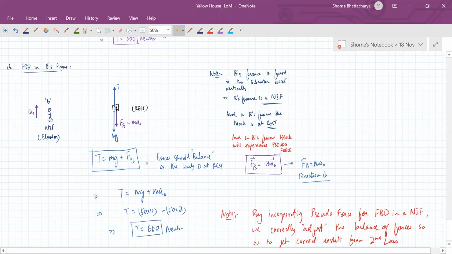So when we apply Newton's second law with the correct adjustment in the non-inertial frame, it should give the same result that we have got in the inertial frame, because the inertial frame is the absolute frame. So it should not happen that in the non-inertial frame we are getting some different value of tension compared to what we are getting in the inertial frame. Then our analysis would be wrong. Because obviously Newton's second law, whatever it's giving in the inertial frame, is the correct value of tension. So to get the same correct value of tension in the second case, we have to adjust for the fact that we are in a non-inertial frame by incorporating pseudo force. So that is the purpose of pseudo force. It adjusts the balance of forces properly when we are in the non-inertial frame.